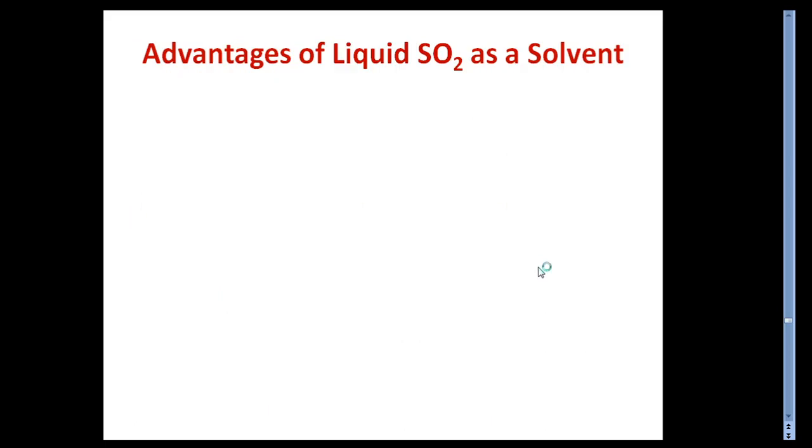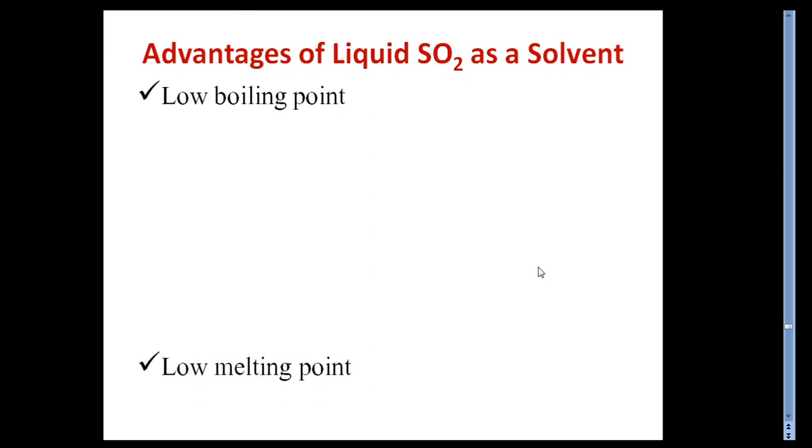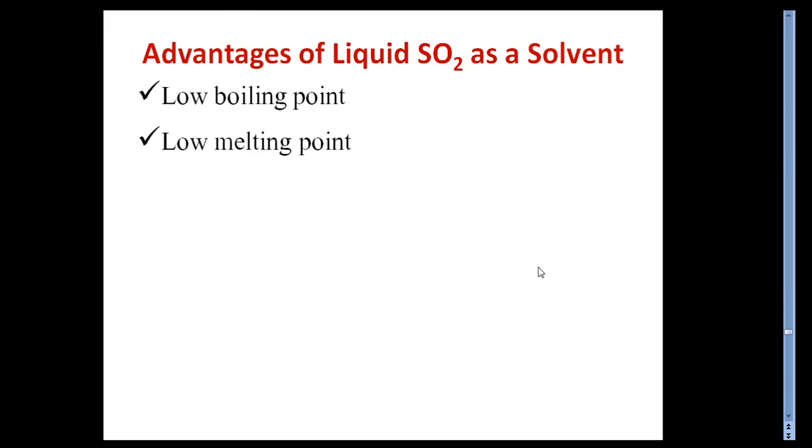Now let's see the advantages of liquid SO2 as a solvent. The most important advantage is its low boiling point, which allows easier evaporation. Next is low melting point, which allows reactions at low temperature.